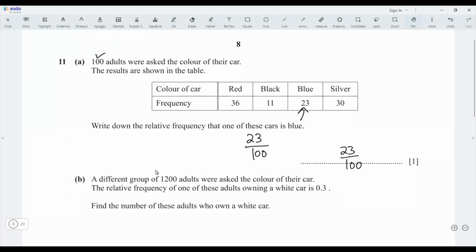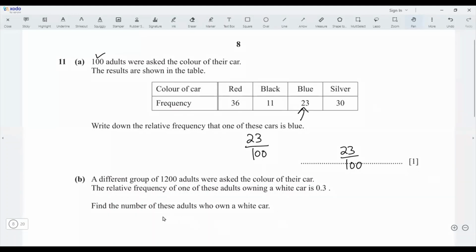Looking at the next question, a different group of 1200 adults, the number of adults has changed, who are asked the color of their car. The relative frequency of one of these adults owning a white car is 0.3. So 0.3 is the given frequency. We have to tell the number of these adults who own a white car.